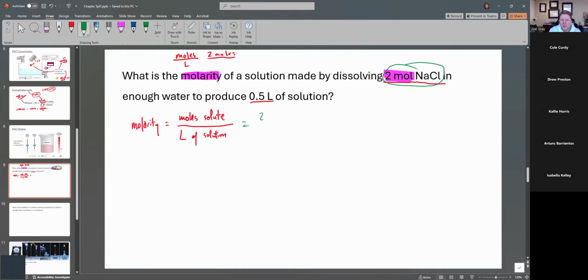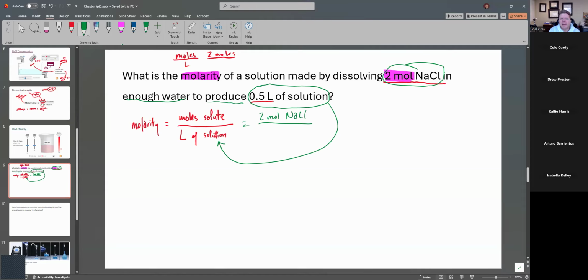How many moles of that? 2 moles NaCl. Then it says we're dissolving it in enough water. Enough water? That's not an amount. But okay, to produce 0.5 liters of solution. That right there is maybe the most important part of this question. And that brings us back to the language of our equation. This tells us liters of solution.